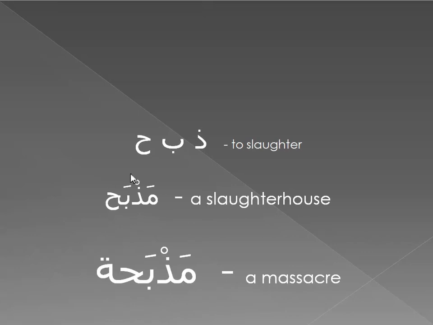This is an actual stockyard, slaughterhouse, Chicago style, madhbah. The other version of this, madhbaha, means a massacre. So it's the sense of it is a place or an occurrence where slaughter is taking place.